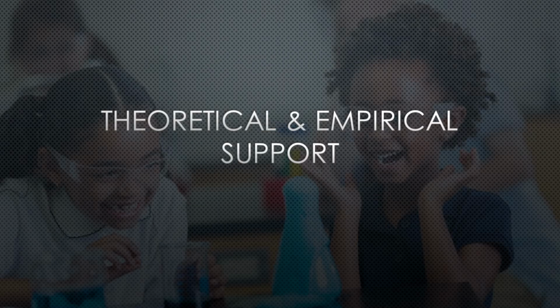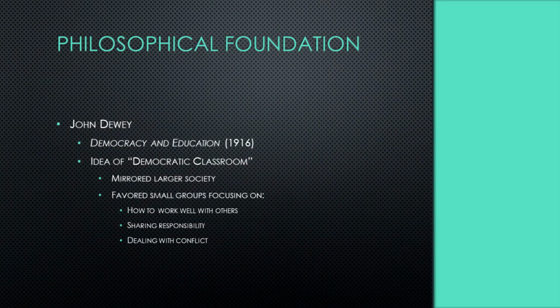Now let's cover the theoretical and empirical support. In 1916, John Dewey wrote a book called Democracy and Education. He believed the classroom should mirror the larger society and be a laboratory for real-life learning. He believed teachers should create a learning environment characterized by democratic procedures and scientific processes.